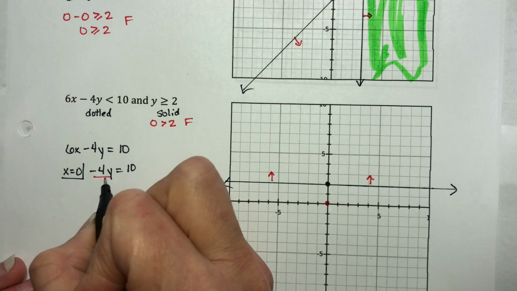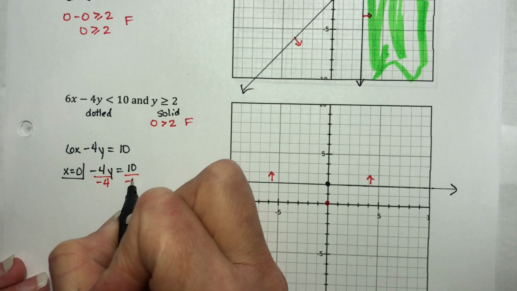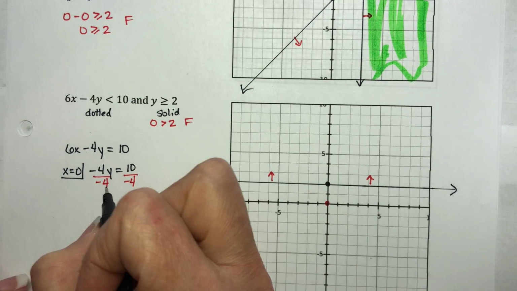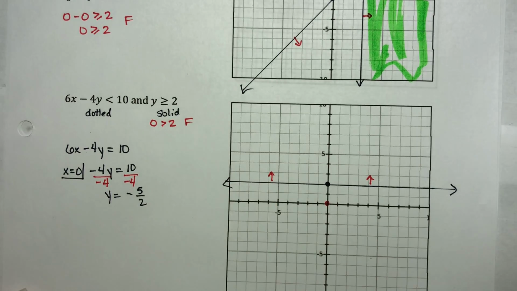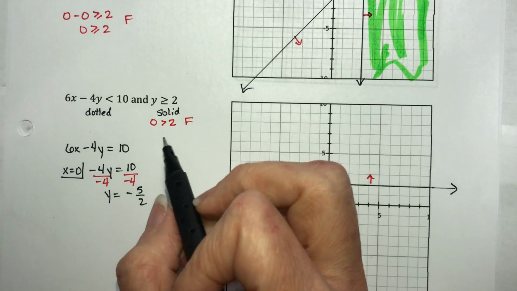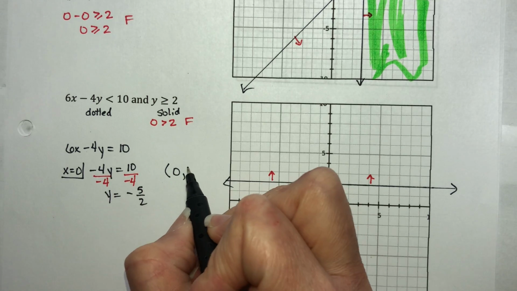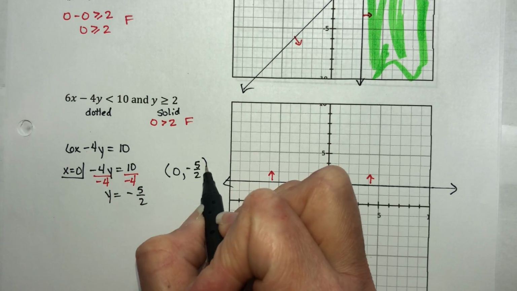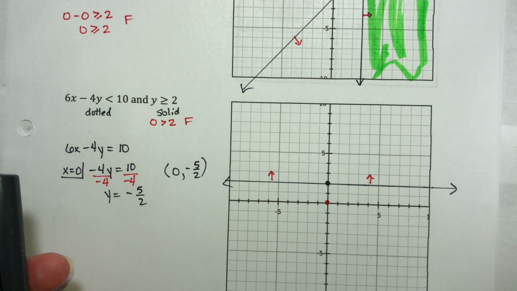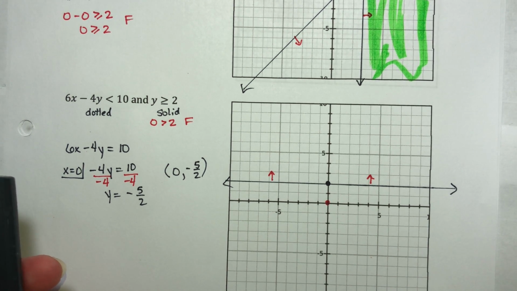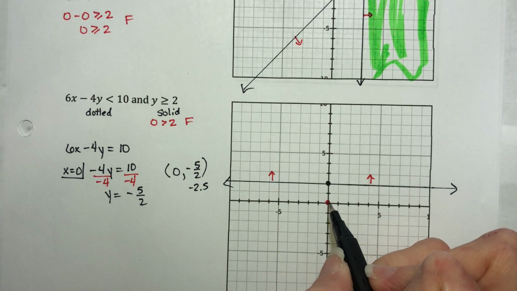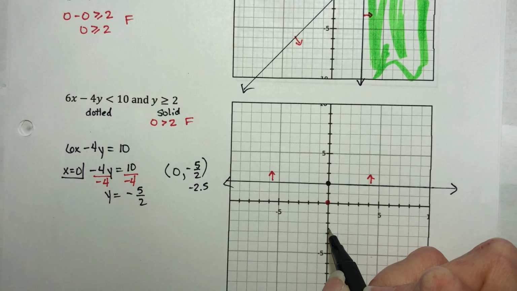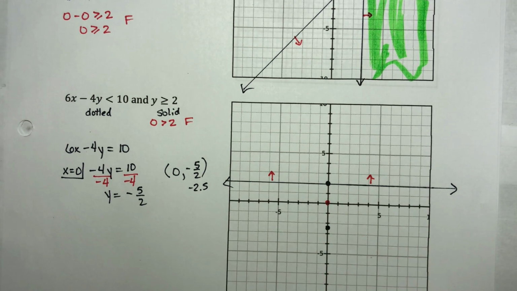Divide both sides by negative 4, and we get that y is equal to negative 5 halves, which is how you would give it to me if you were asked to find the intercept. But to graph it, just do 5 divided by 2, and you'll see that it's negative 2.5. So 0, negative 2.5 would be right here.